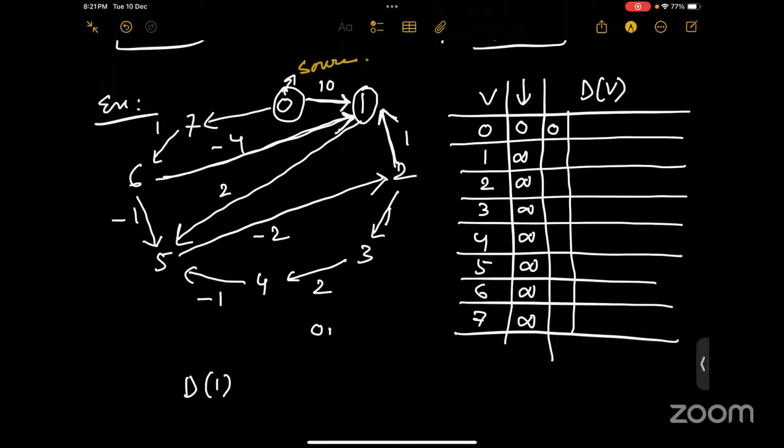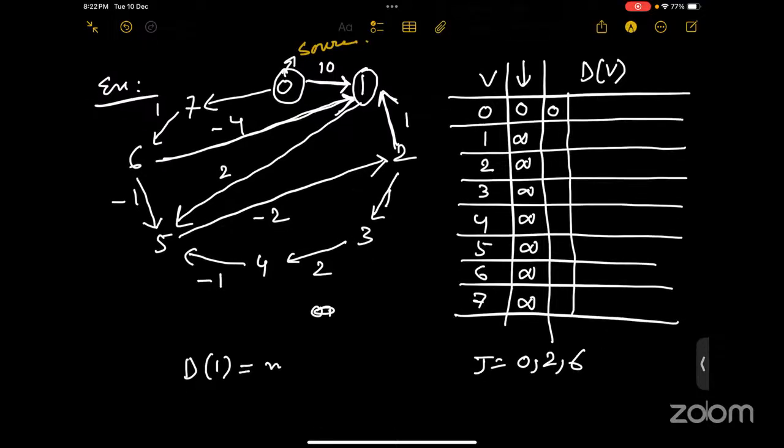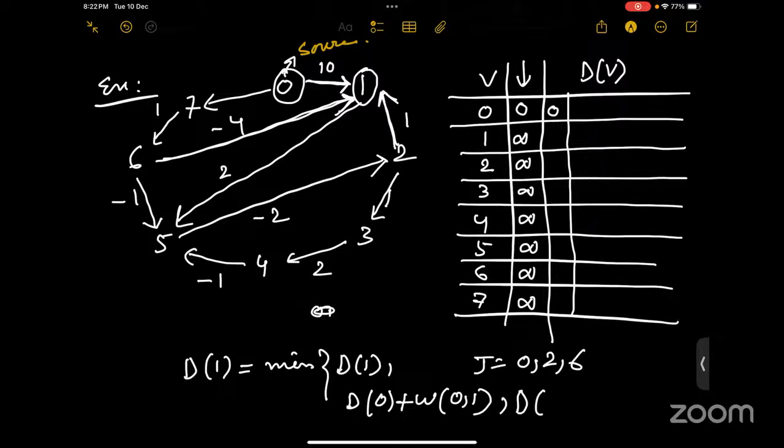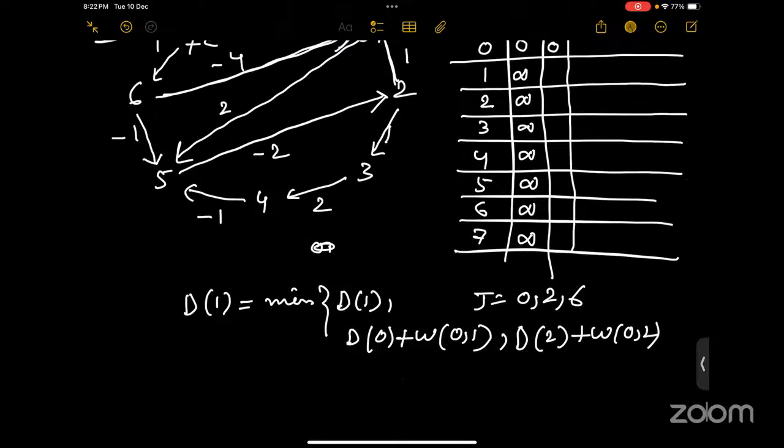So here our j will be 0, 2, and 6. According to the definition, it is the minimum of distance of 1, comma, distance of 0 plus weight of 0, 1, comma, distance of 2 plus weight of 2, 1, comma, distance of 6 plus weight of 6, 1.